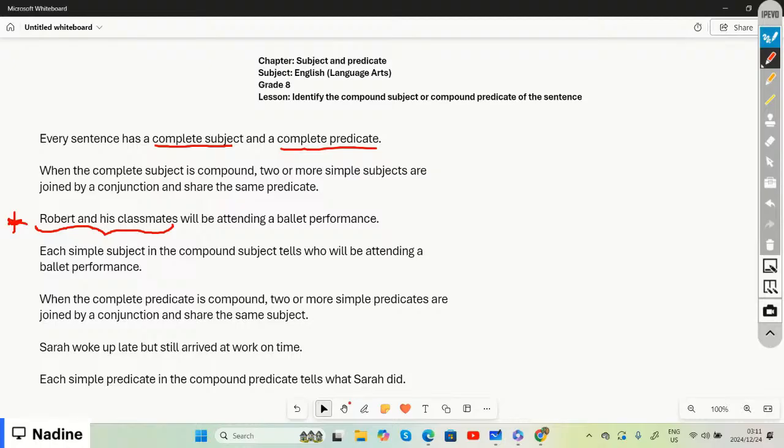And if we look at an example of when the complete predicate is compound, then two or more simple predicates are joined by a conjunction and share the same subject.